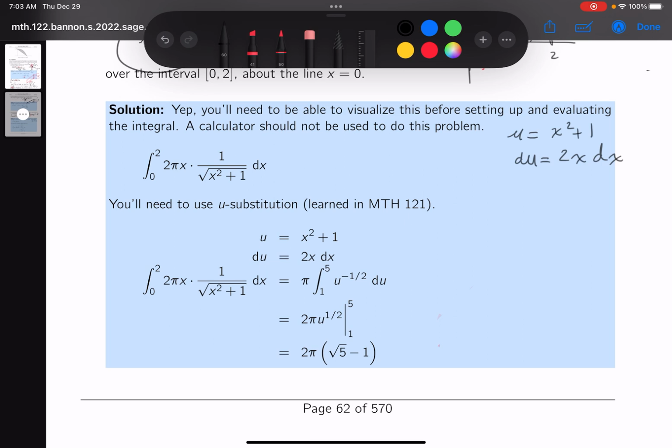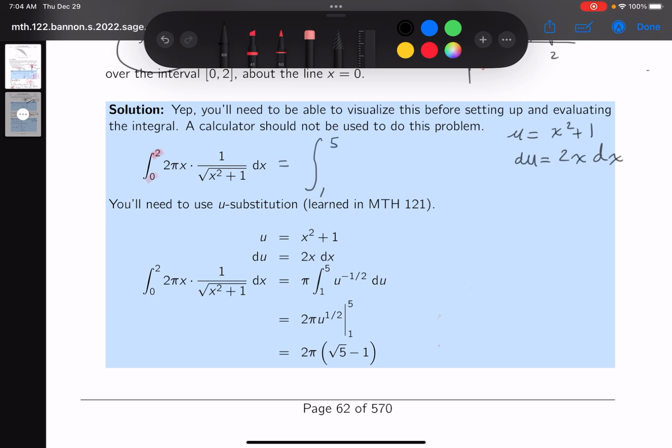So I'm going to go to the land of u's. If I'm in the land of x's and x is 0, looking at the lower limit, well, if x is 0, u would be 1. Now, if x is 2, the limit for u would be 4 plus 1, which is 5.